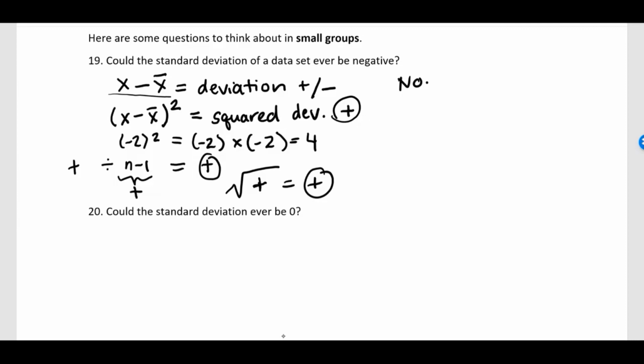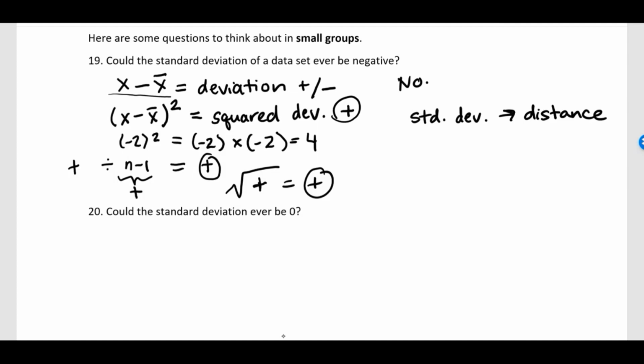What helps me to think about this is to think about the standard deviation as a measurement of distance. I'm saying about how far away our data are clustered around this mean. If you think about distance, you can travel forward and cover a certain distance. You can travel backwards and cover a certain distance. The distance is still going to be positive. It's not like if you walk backwards, you are walking a negative distance.